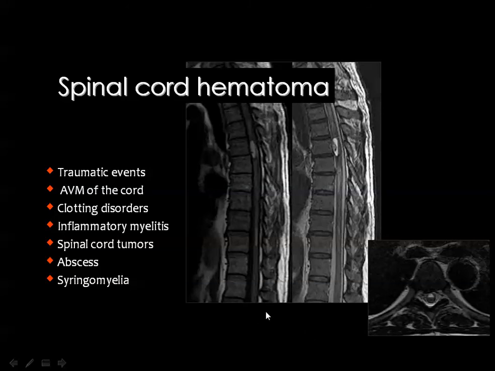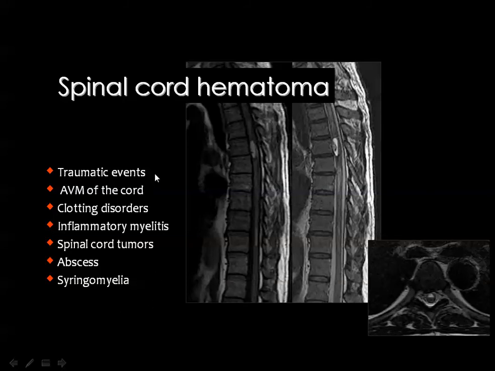As you know, hemorrhage is usually of bright signal in the T1 and bright signal in the T2, representing the subacute blood elements. And sometimes you can see hemorrhage in the acute phase or maybe in the chronic phase, but commonly you see hemorrhage in the subacute phase where the hematoma is bright in the T1 and also bright in the T2 weighted image. These are some of the causes that may result in intramedullary hemorrhage.